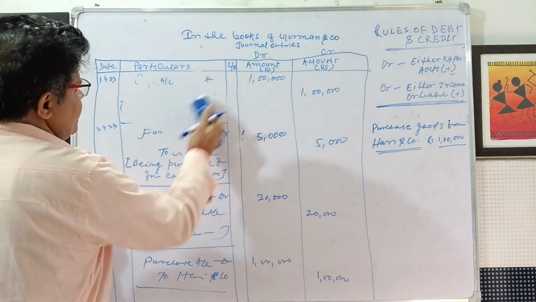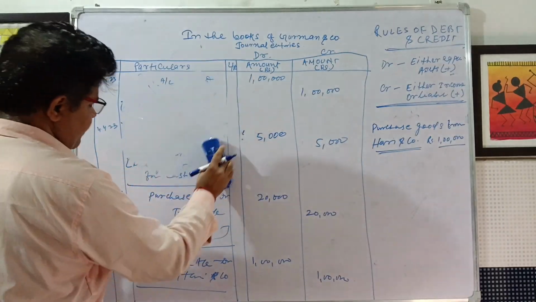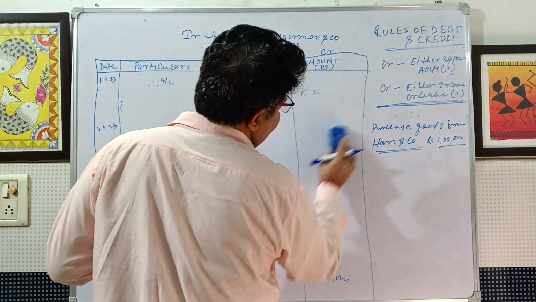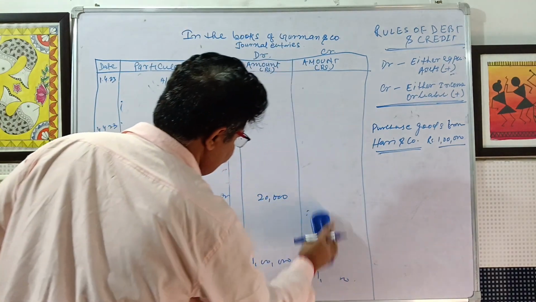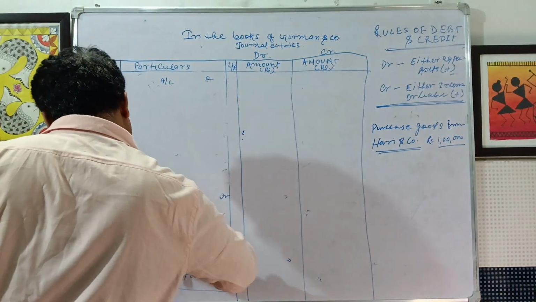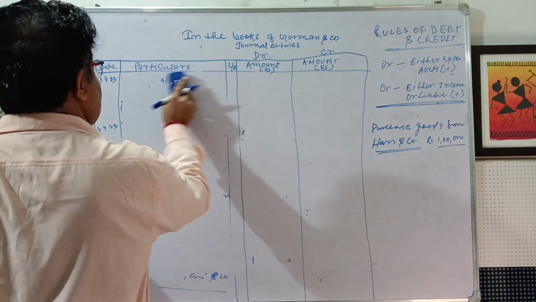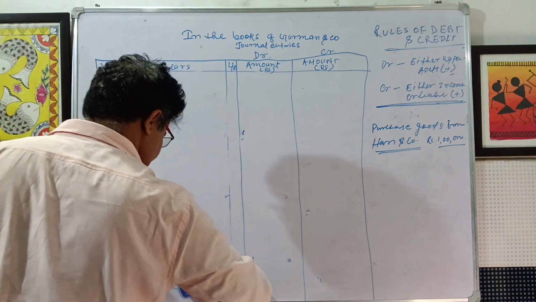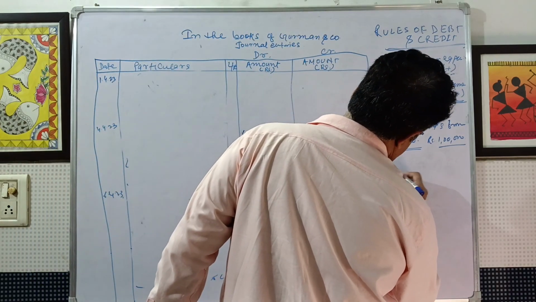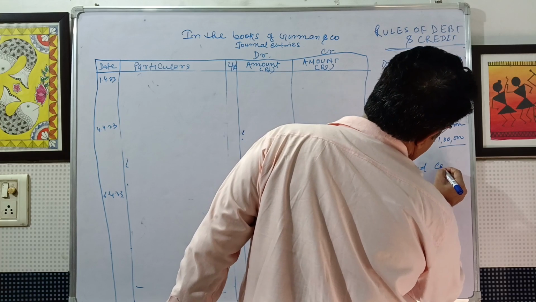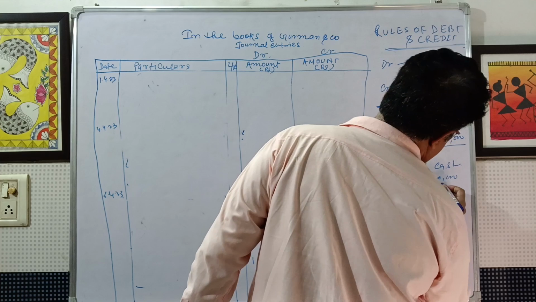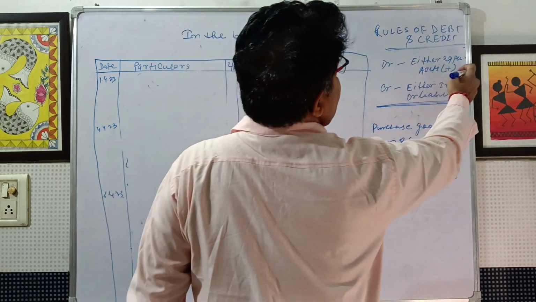Now sold goods for cash, rupees 20,000. So cash is coming, asset plus.